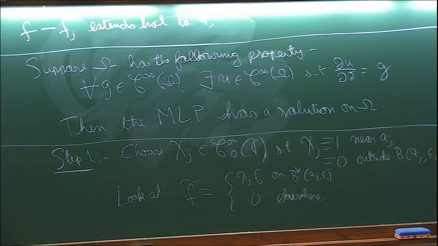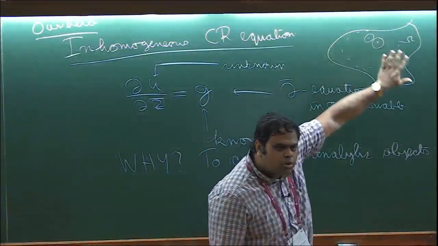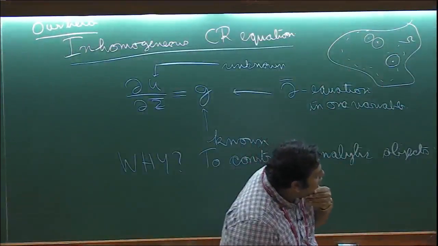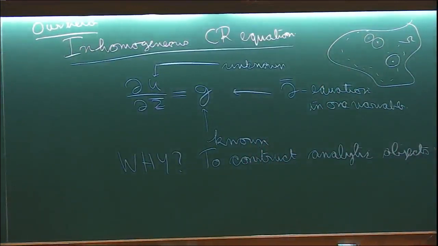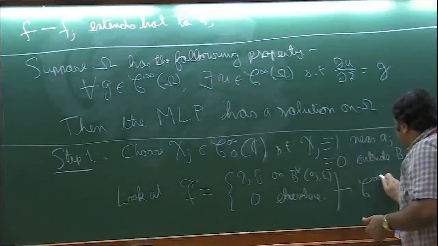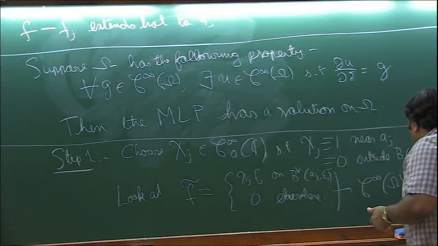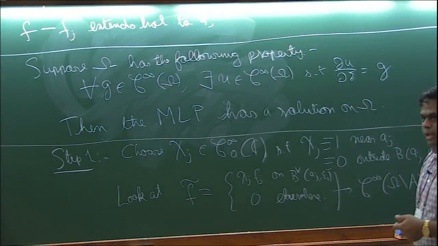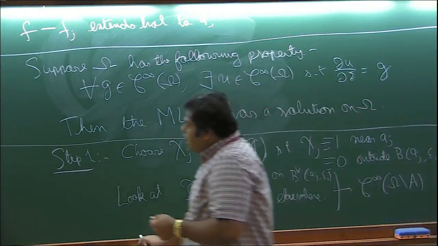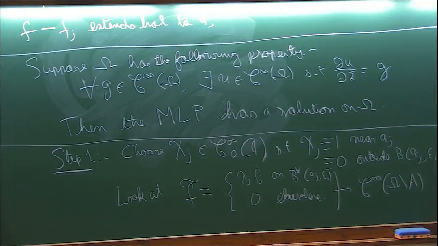We have basically taken the data, which is a function with a singularity at aj, cut it off and put them all together. This is of course not holomorphic, and all we can say about it now is that it is C infinity on omega minus this set A. Okay, and now we are going to change this f tilde so that it is a solution.